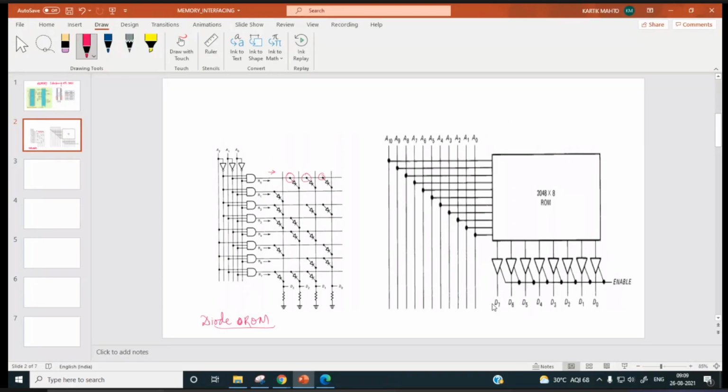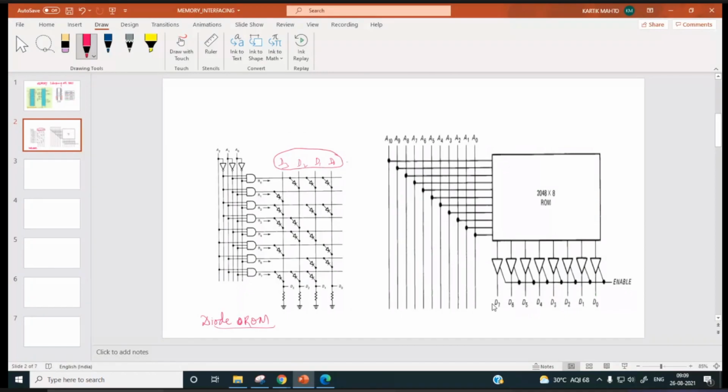What has to be done for reading this nibble? In fact, 8 nibbles are there, with D0, D1, D2, D3.